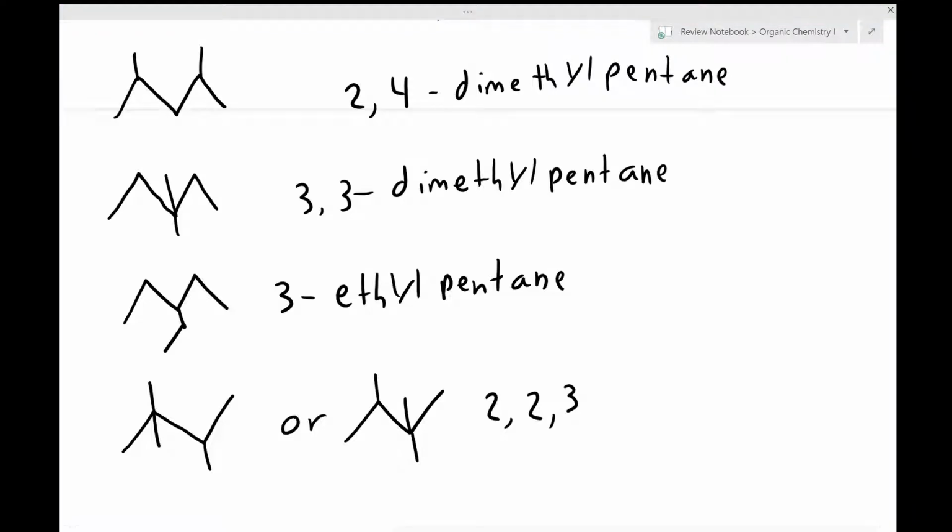Let's number it, 1, 2, 3, 4. You don't want the lowest number to have the most possible substituents, which would be 2 for the lowest. 2, 2, 3. We know there's 3 methyl groups, so 2, 2, 3 would correspond to the 3 methyls, trimethylbutane.